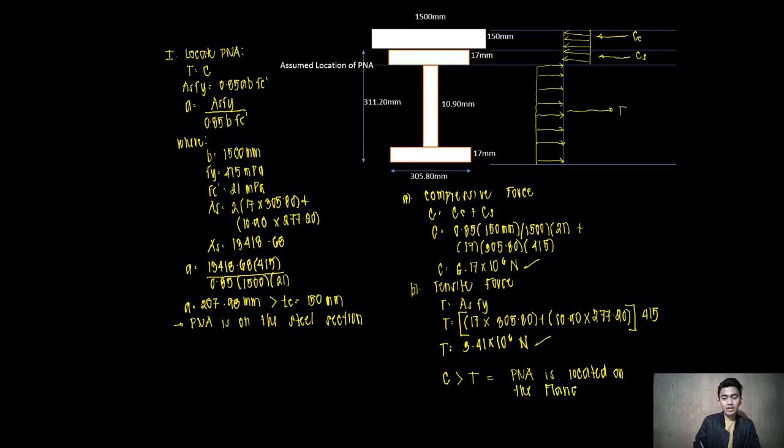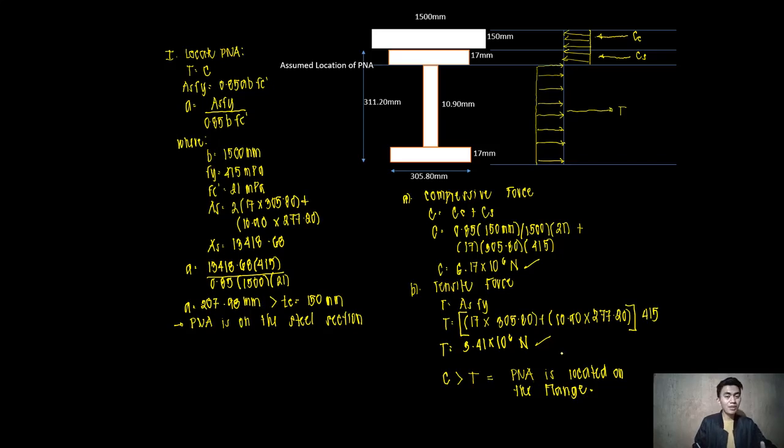So our assumption is correct. If, say for example, the tensile force is greater than the compressive force, our assumption is incorrect, and therefore our plastic neutral axis belongs on the web of our steel section. But since our compressive force is greater than the tensile force, the plastic neutral axis is located on the flange.